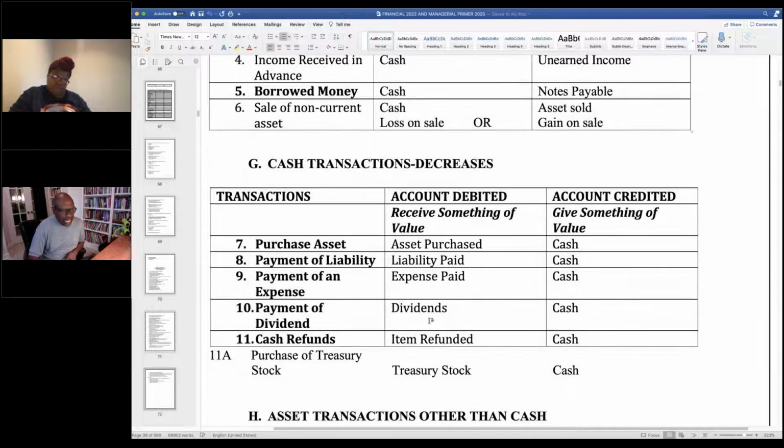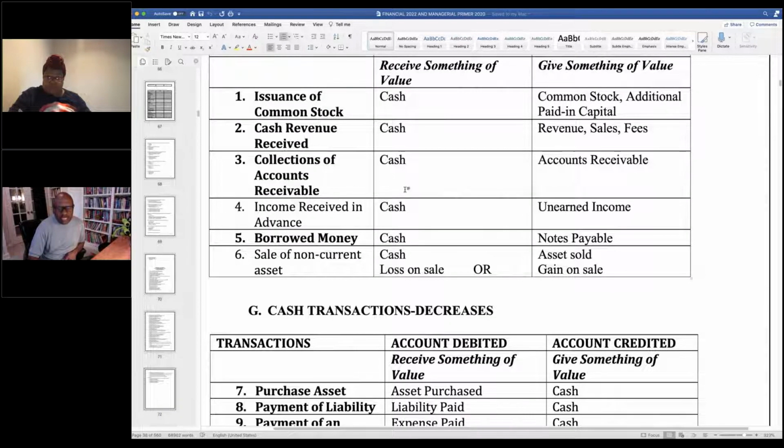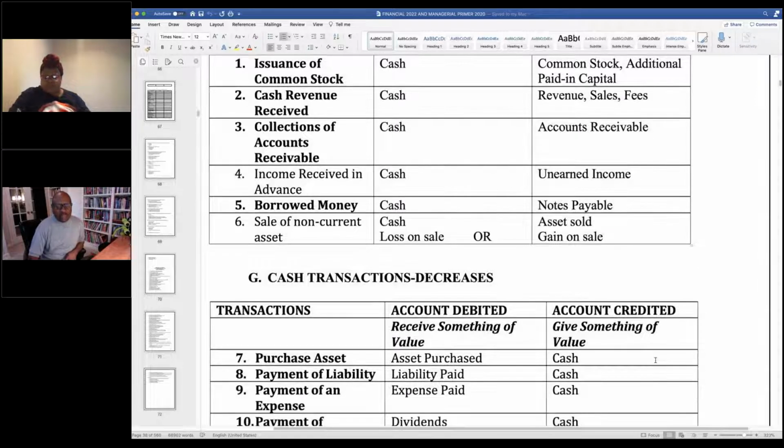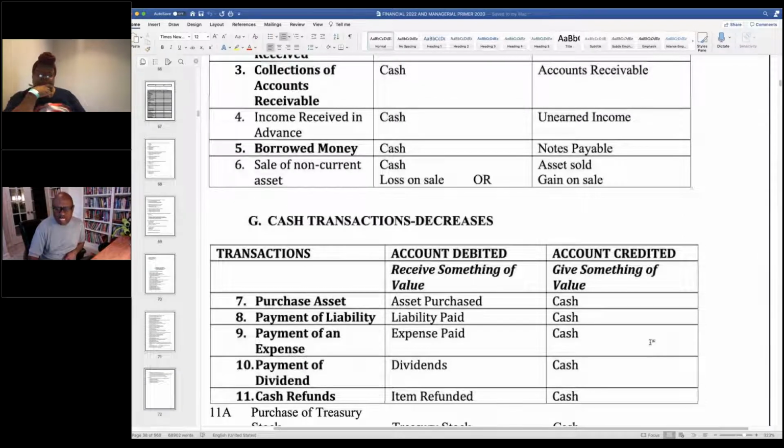When we pay cash, we have 7 through 11A, but we're just working with 7 through 11, principally 7 through 10, where when we pay cash for something, then cash is credited. So when cash comes in, we debit it. That increases cash. When cash goes out, we credit it. That decreases cash.